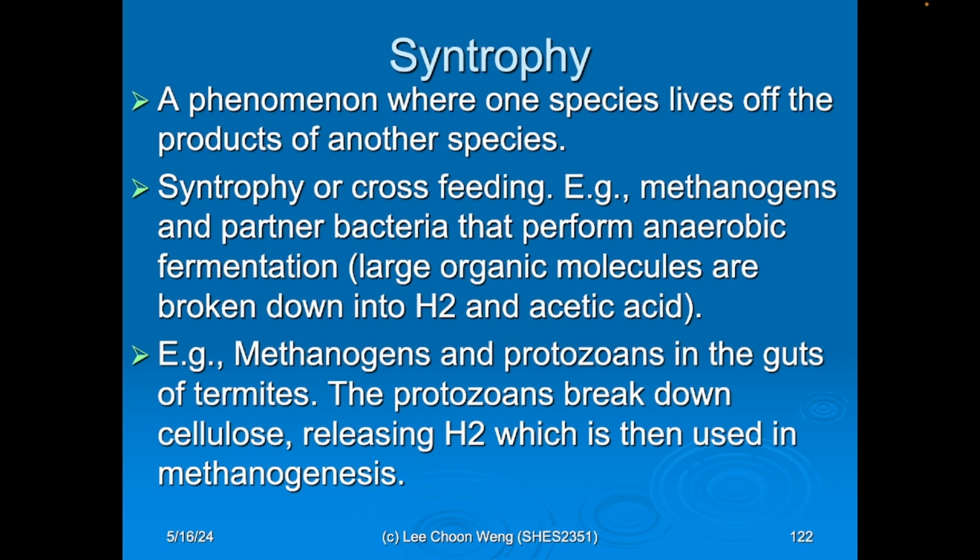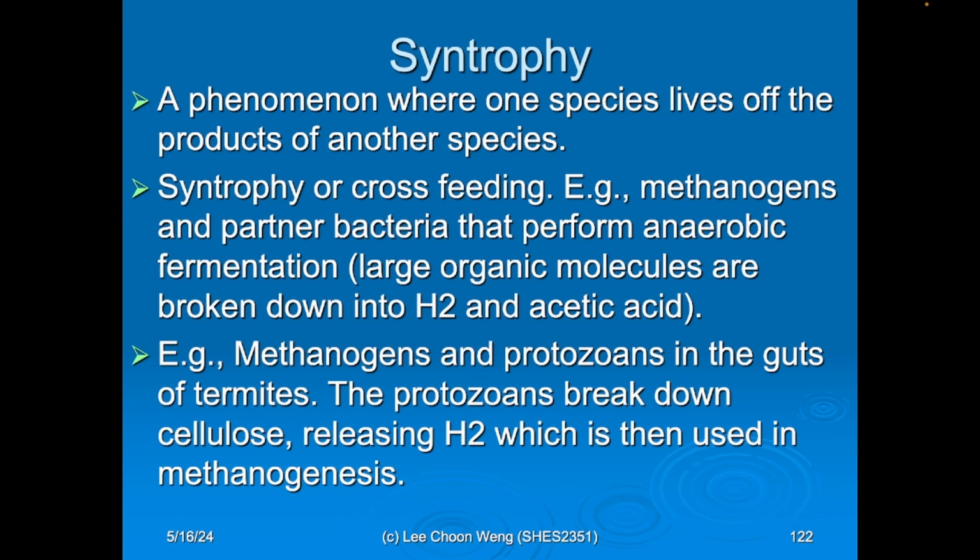So in rumen microbiology, and also in the C1 metabolism, syntrophy or cross-feeding is common. We have methanogens and partner bacteria that perform anaerobic fermentation, where large organic molecules are broken down into hydrogen and acetic acid.